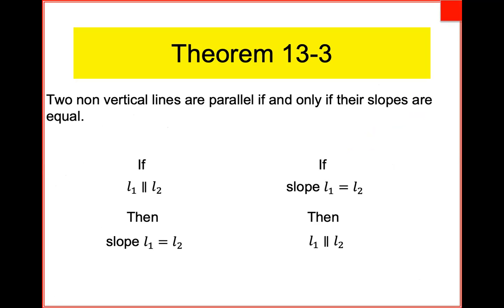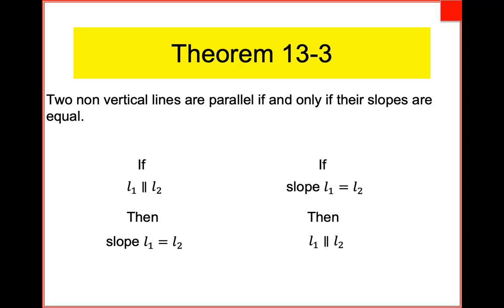Well, remember, the slope of a vertical line is undefined. So we couldn't use an equality because we don't have a number. If the slope is undefined, I don't have a number equal to another number. All right, so that's theorem 13.3, something that we already knew, but now we've proven. So therefore, we can use it.